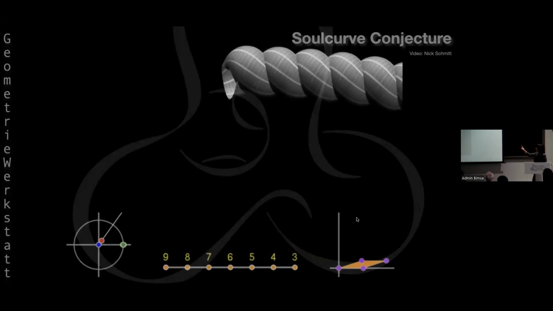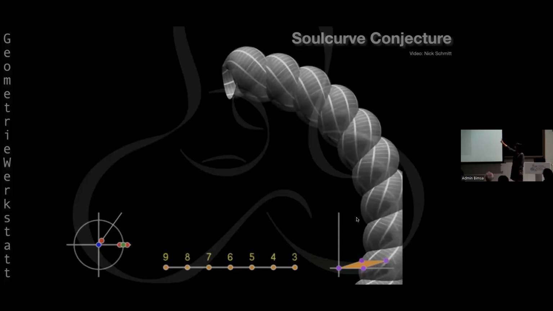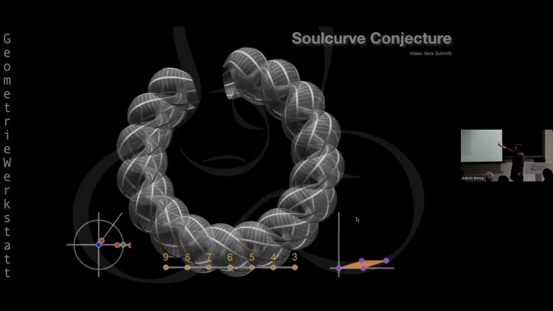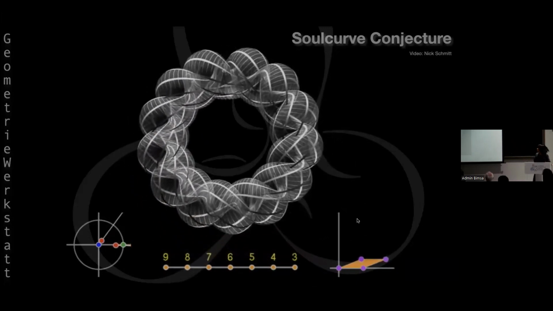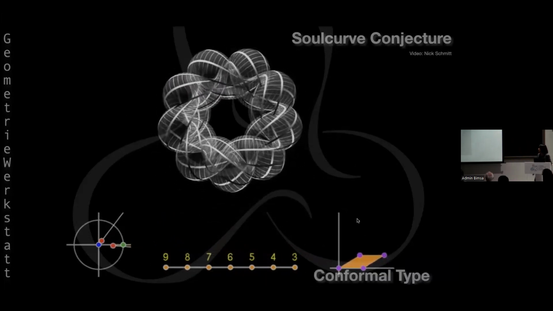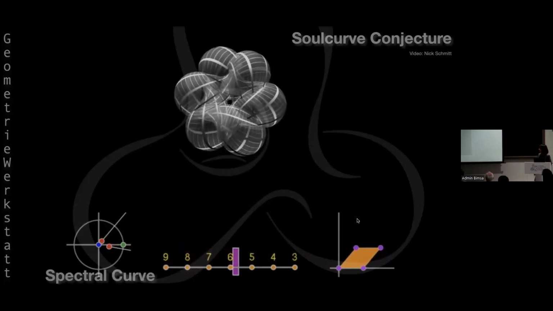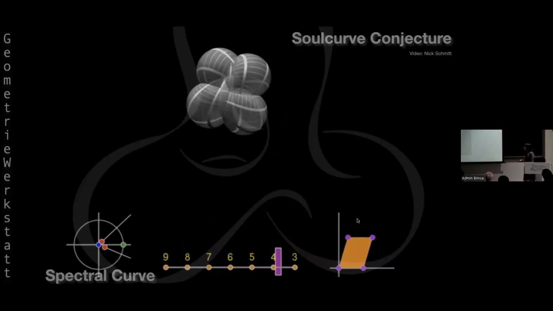So the idea is you start with your favorite cylinder, and then you can bend your favorite cylinder into the shape of your favorite curve, which is here, well, very boringly, only a circle. So in the middle, we have the lobe count, so number of bubbles. On the right, we have the conformal type. And this one here are the branch points of the so-called spectral curve.